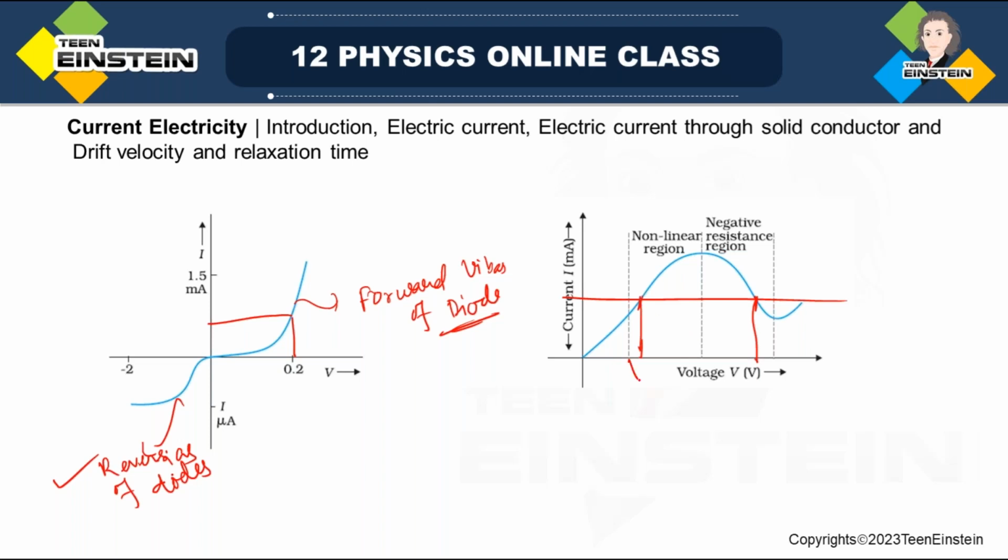So there are two voltages, V1 and V2, for some current I1. For a particular current there will be a corresponding voltage, and that will be single valued, not double valued. But we can see here that the current-voltage relationship is such that for a single value of current there are two different voltages.